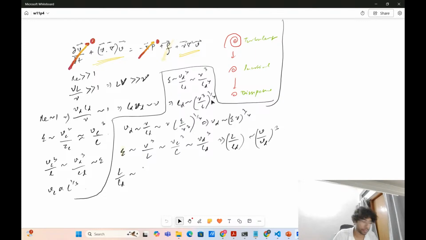So LD is nu to the power of 3 by 4 by epsilon to the power of 1 by 4. And L we are going to replace with this, V cubed by epsilon. And LD we are going to replace with this, nu to the power of 3 by 4 by epsilon to the power of 1 by 4. Right? So this will reduce down to V cubed by nu to the power of 3 by 4, L by V cubed, whole to the power 3 by 4.